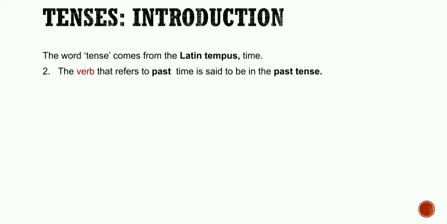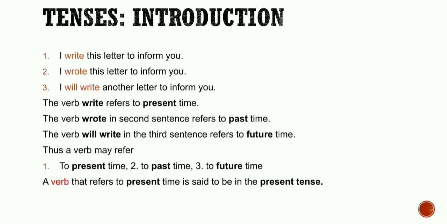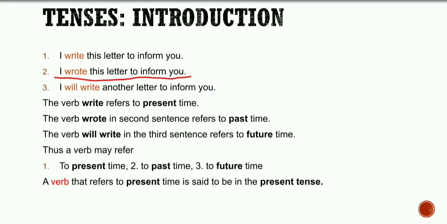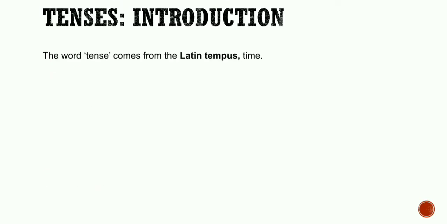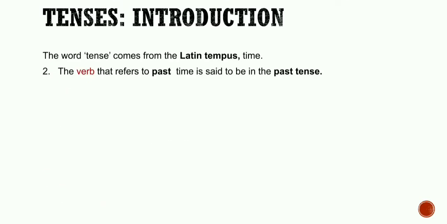In the second sentence of the previous slide, I wrote this letter. So here it is saying the verb that refers to past time is said to be in the past tense.